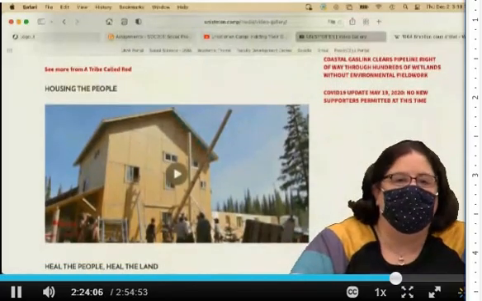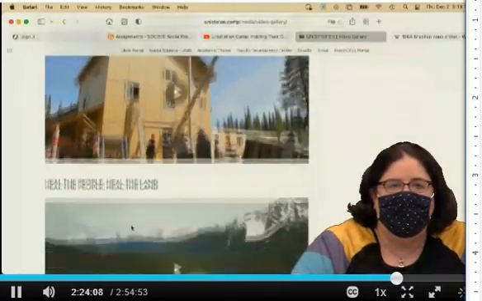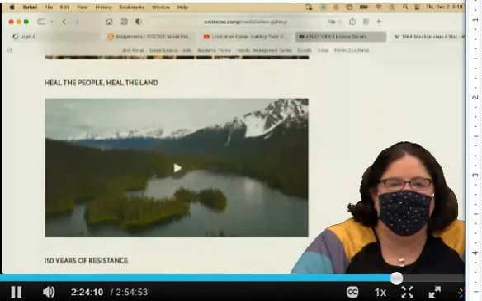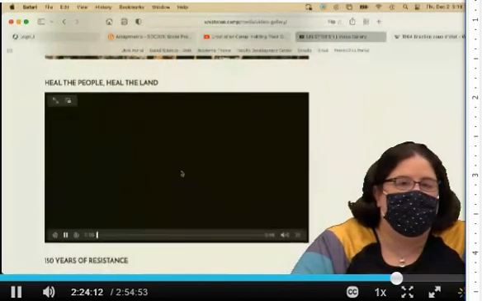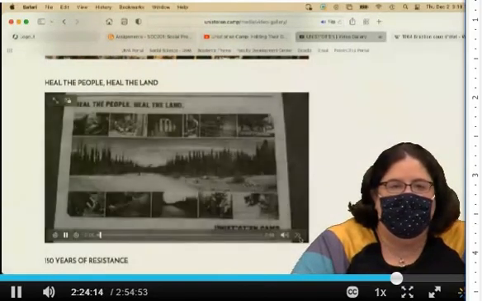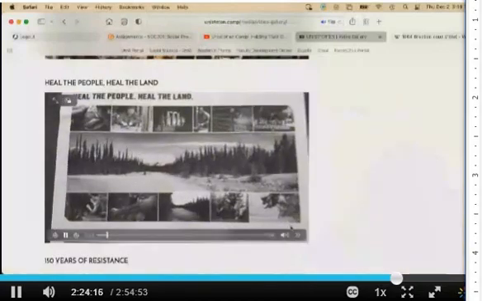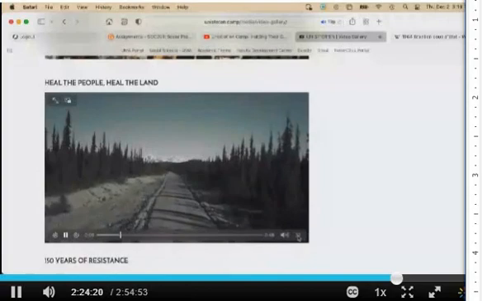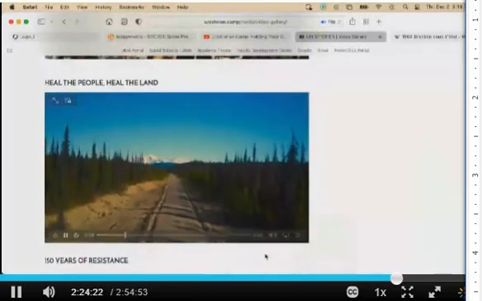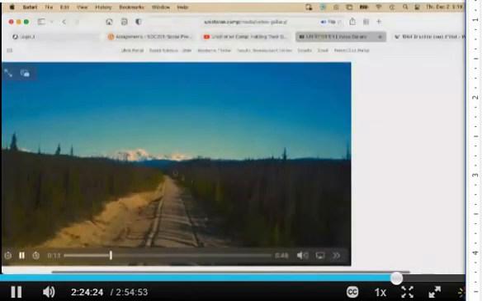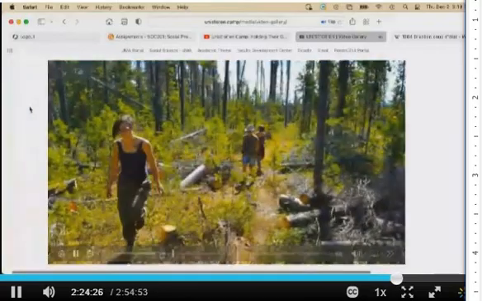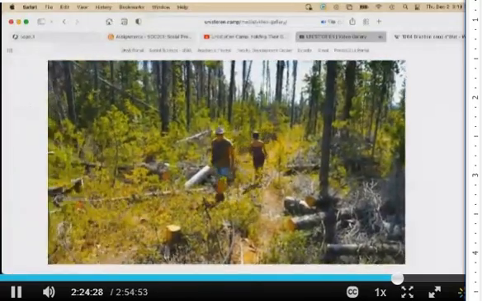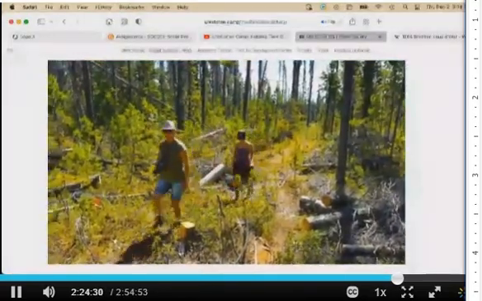Here's the building of that bunkhouse that I was talking about. I'm going to show just one of the videos here. You can look at the other ones if you'd like. We want to bring people out here, run healing programs so we can heal our people, make them whole again, reconnect them to the land, then they're going to be more successful in their healing journeys. And if they're healed and healthy, then they're connected to the land, they'll be concerned for the land.